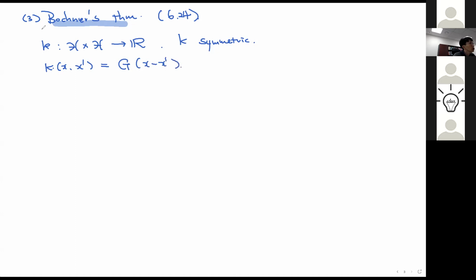By the way, we are assuming X is some finite dimensional Euclidean space R^n.